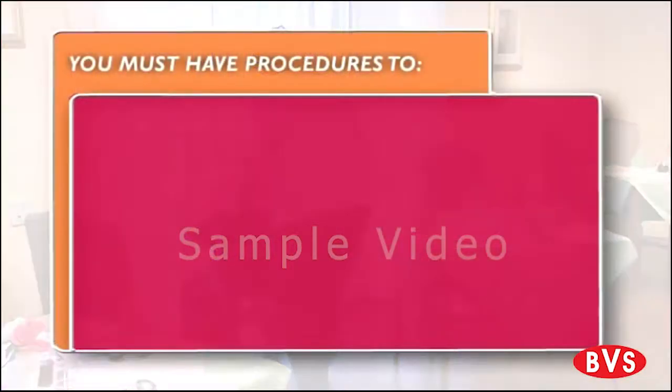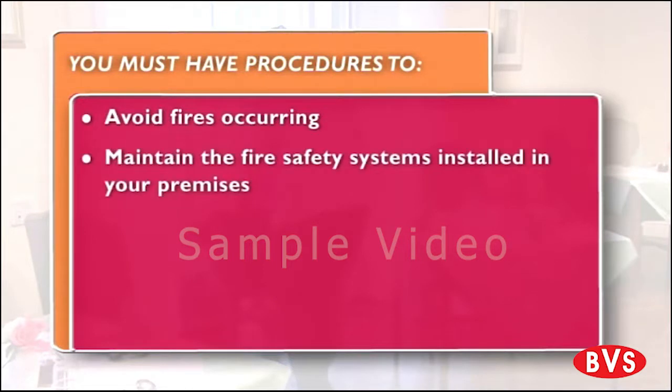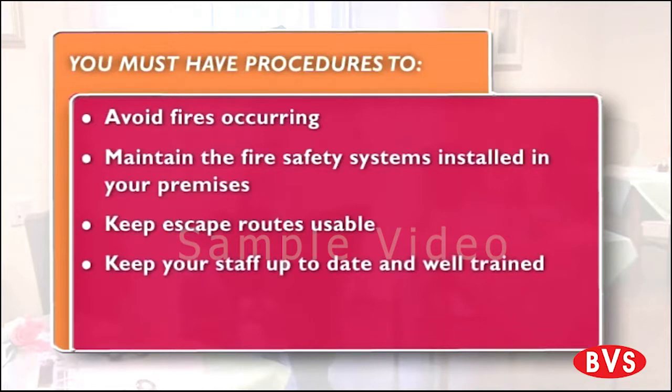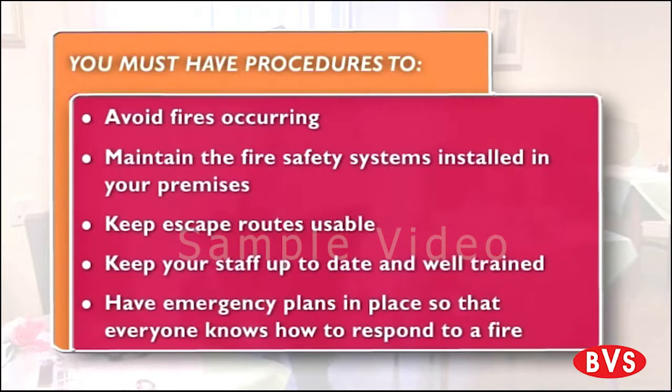You must have procedures to avoid fires occurring, maintain the fire safety systems installed in your premises, keep escape routes usable, keep your staff up to date and well trained, and have emergency plans in place so that everyone knows how to respond to a fire.